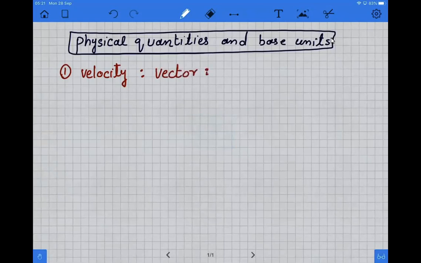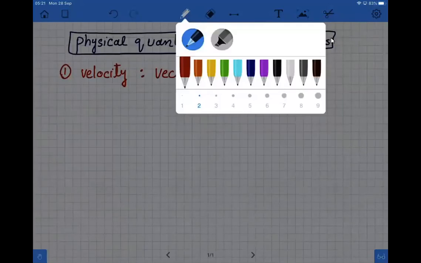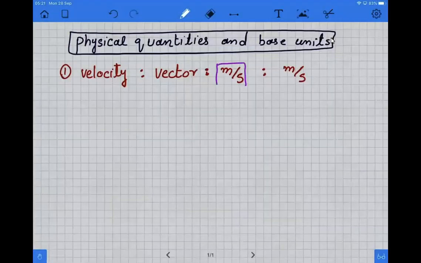Its unit is meter per second, and its base unit is also meter per second. So the unit of velocity is meter per second, and the base unit is also meter per second. Now the next quantity that we have to cover is acceleration.